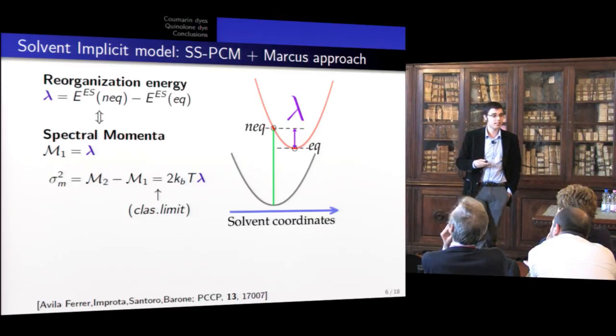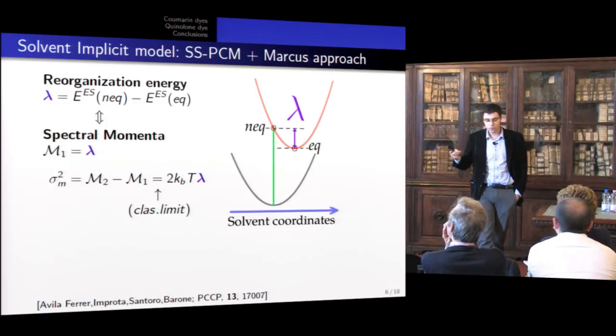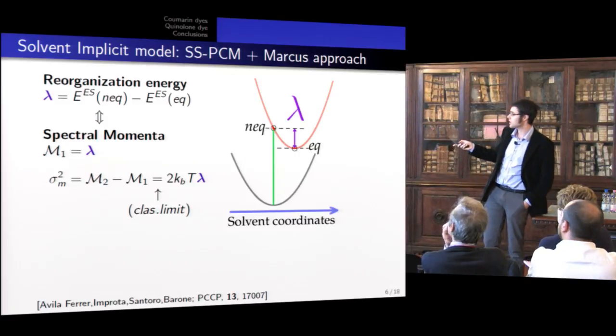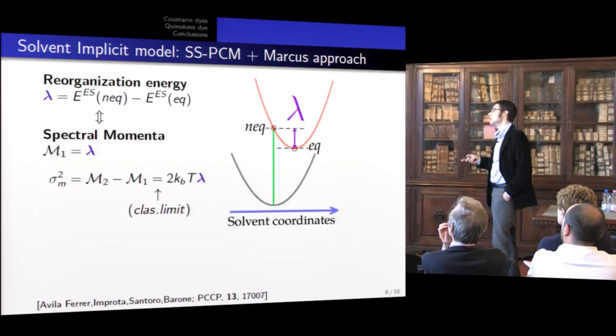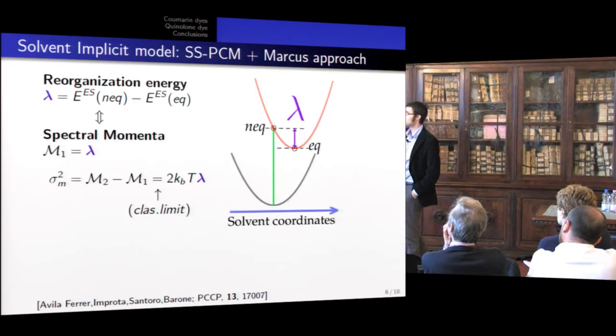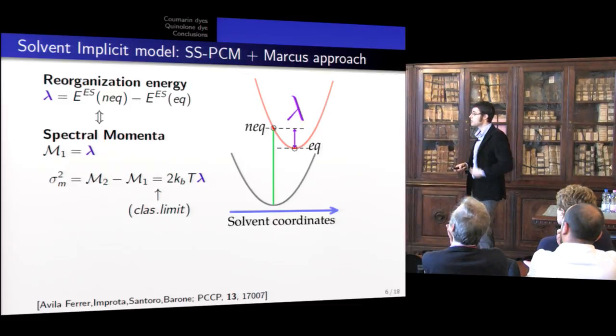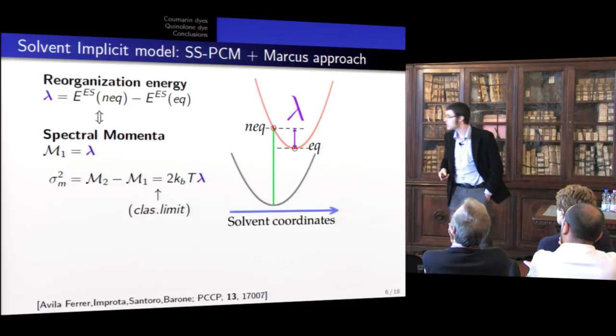However, by properly selecting the dielectric constant, we can work in two different regimes, the non-equilibrium and the equilibrium one, that are more or less connected to a kind of Franck-Condon transition and the minimum of the excited state, the final state.